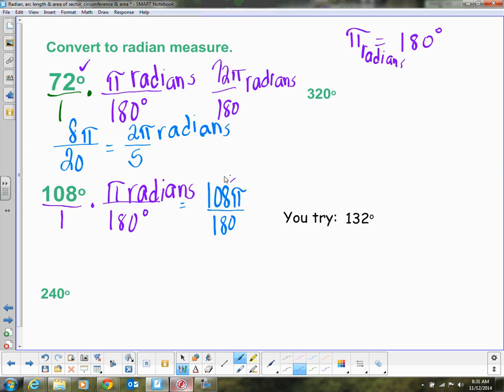If we take 9 into 108, that's going to go 12 over 20. 12 over 20. And that's, well, that was a whole lot quicker than we did first period. And then that's going to be radians. We did 2, and then we did 3. Good job, right?